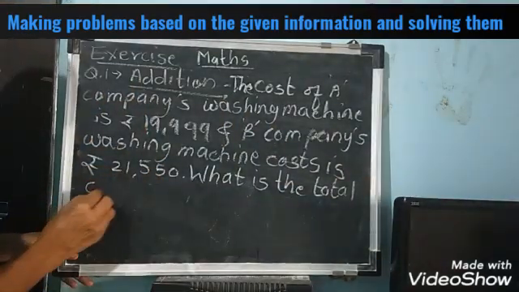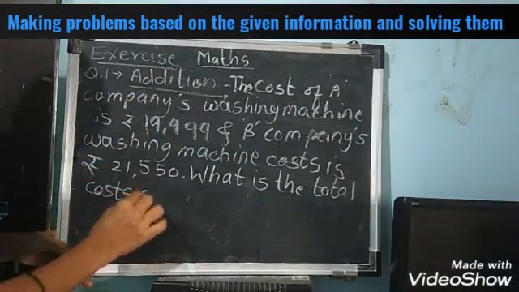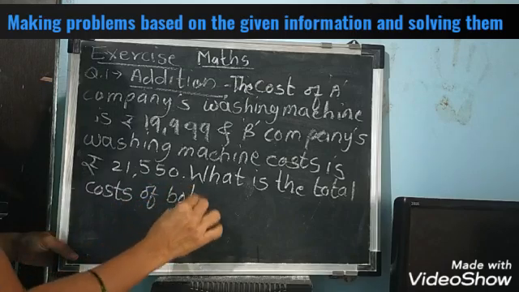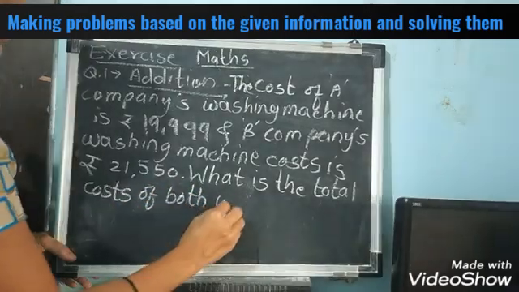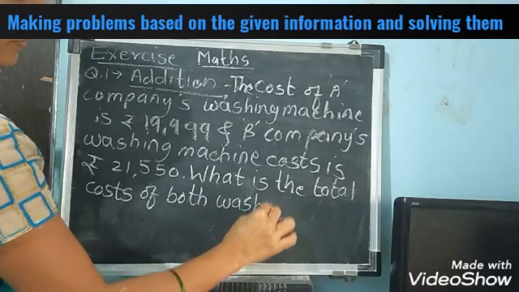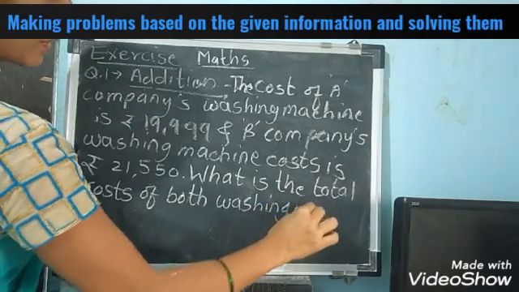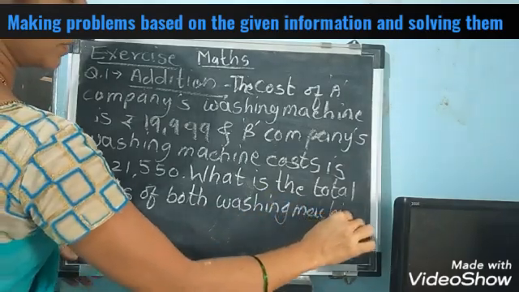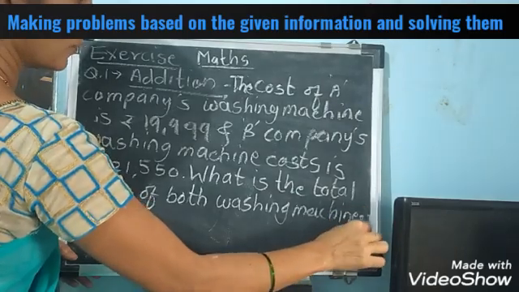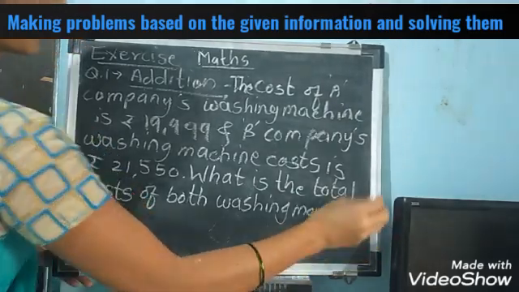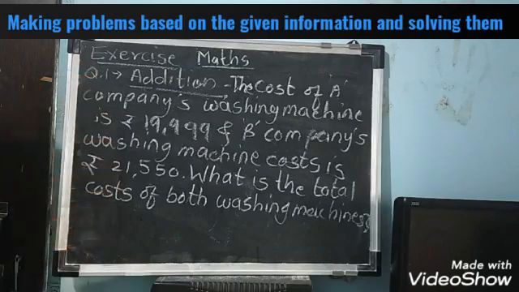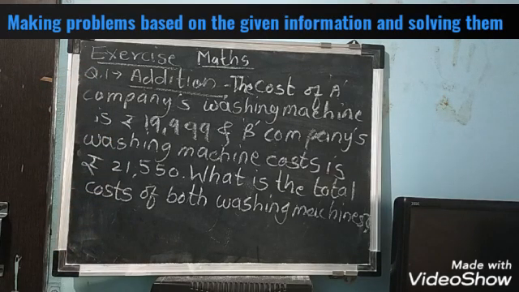What is the total cost of both washing machines? And at last give a question mark. Okay, this is your example. Now you have to solve it. Listen carefully, I am reading the example.